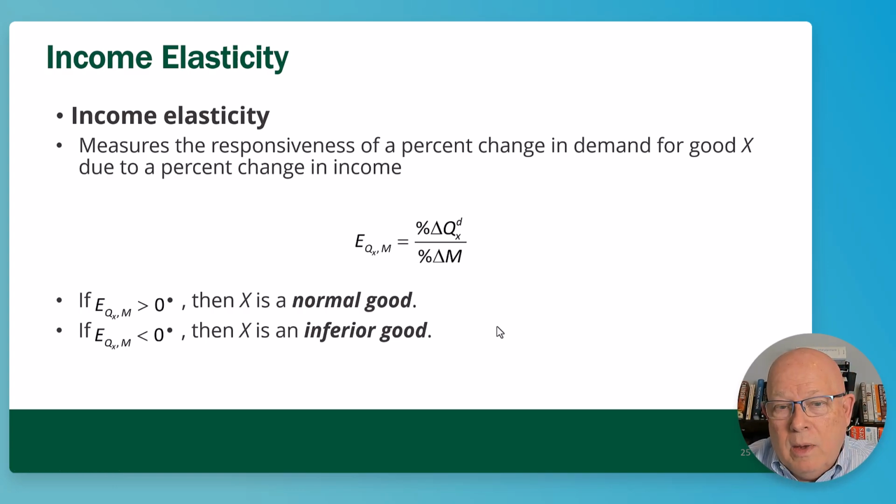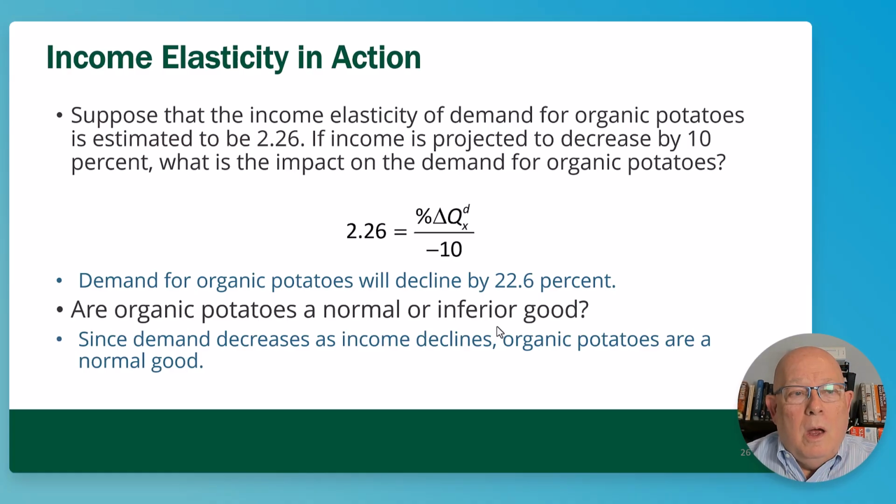Previously, when we were talking about supply and demand, we were just looking at the quantity demanded itself. Here we're measuring elasticity, which is the percentage change in the quantity demanded relative to a percentage change in income. The example here is organic potatoes. Someone's already measured for us the income elasticity of demand for organic potatoes, and it's 2.16.